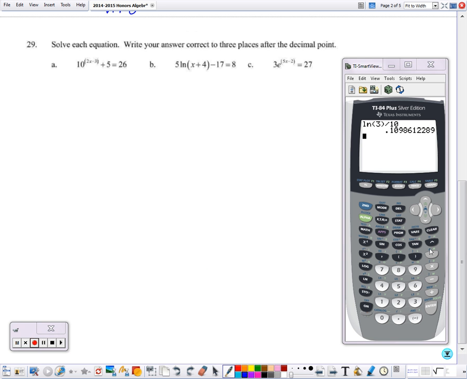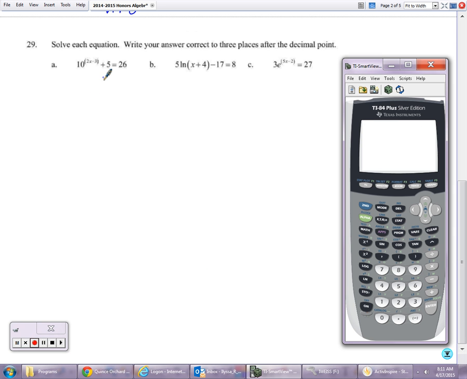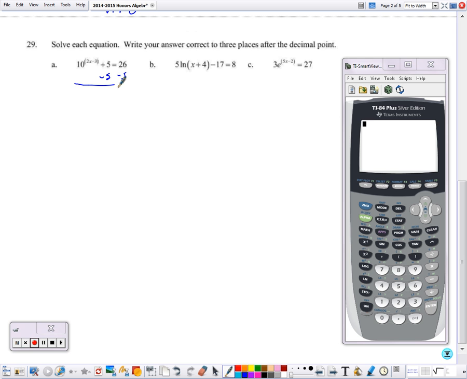Okay, 29, the solving. We have to subtract 5. And now we can change it to a log. And we have to write the answer to 3 decimal places, so we're going to do log of 21.